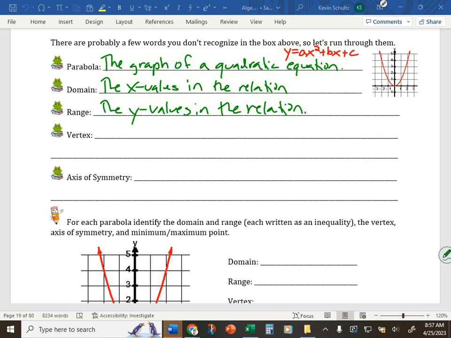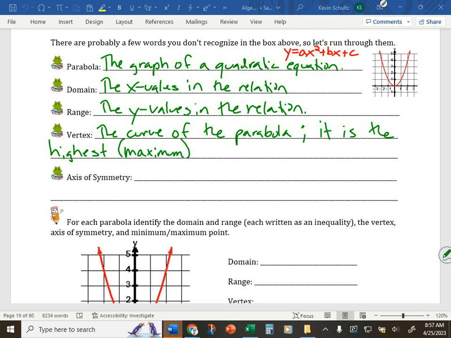The vertex is the curve of the parabola, and it is the highest or lowest point. When the vertex is the highest point, we say it's the maximum value, and the lowest point is a minimum value.